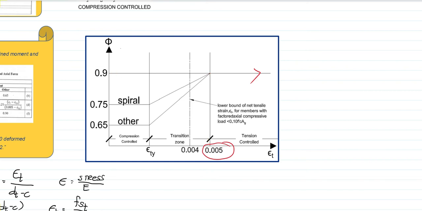So ngayon, ang magiging problem mo is paano kung lumapag ka on the transition zone. Tapos hindi mo kabisado yung equation na binigay sa'yo ni NSCP. So ang gagawin mo is to use or utilize the equation of the line.